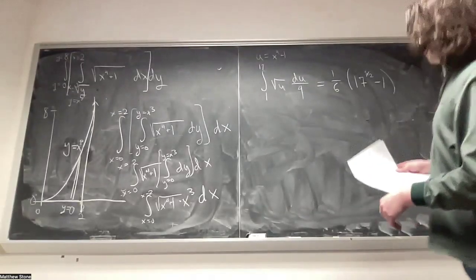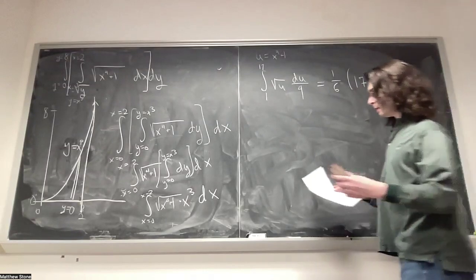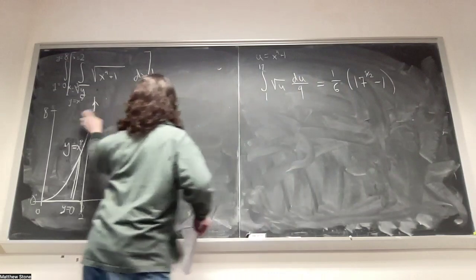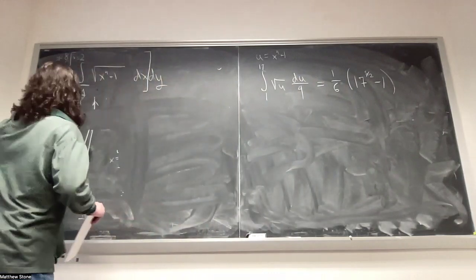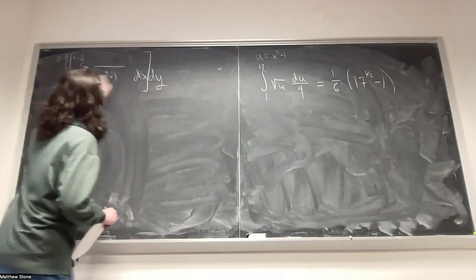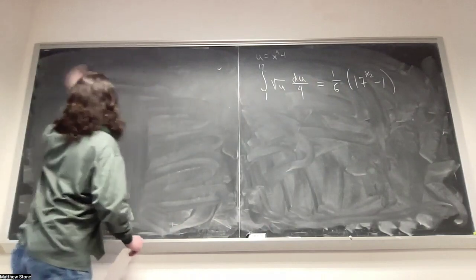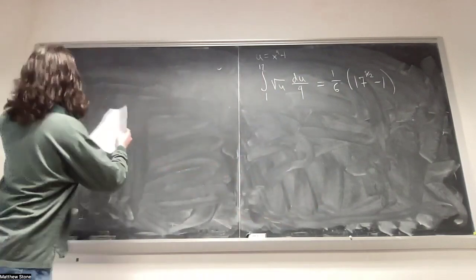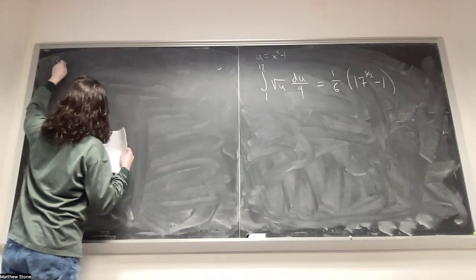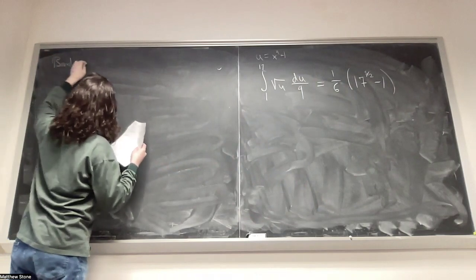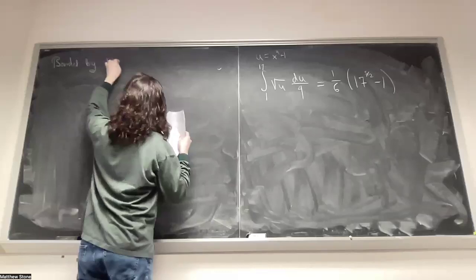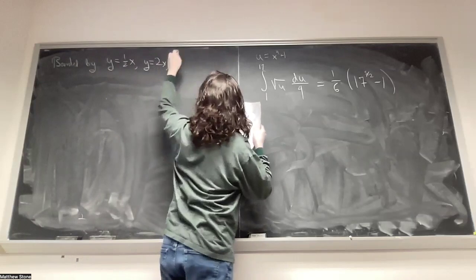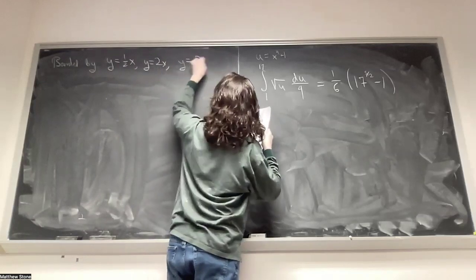All right. Now, with that, we move on to our last example, which has a different problem. Suppose that we wanted to compute the region bounded by y equals 1/2 x, y equals 2x, and y equals 3 minus x.